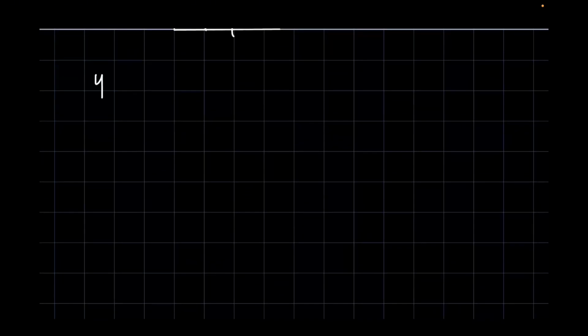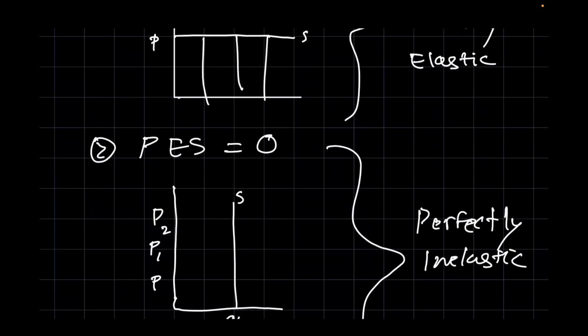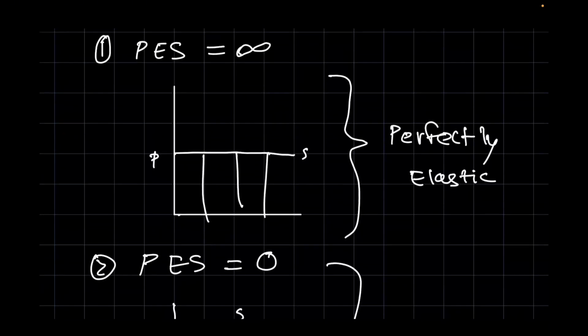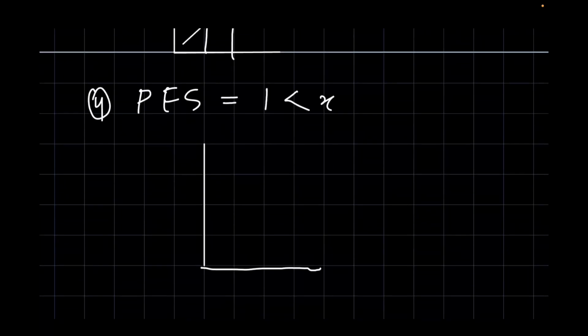Now, the fourth degree of elasticity is when PES is greater than 1. This can be seen through this diagram. If you remember, we looked at perfectly elastic as somewhat like a horizontal curve. And as we know, supply is upward sloping.